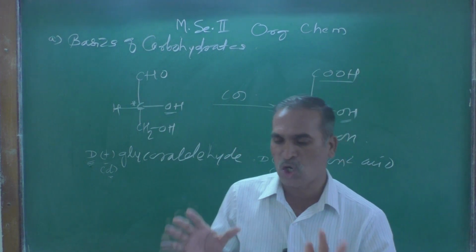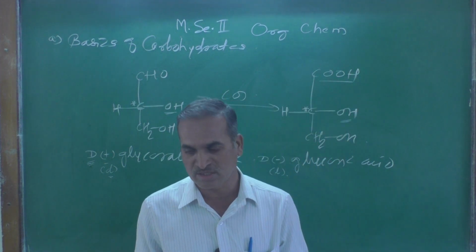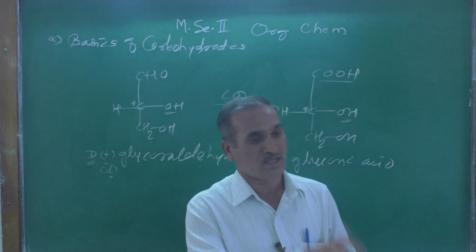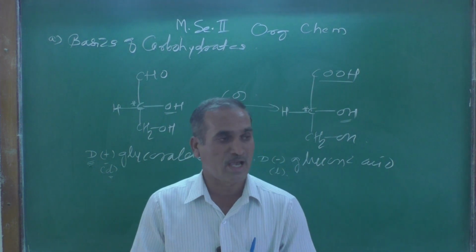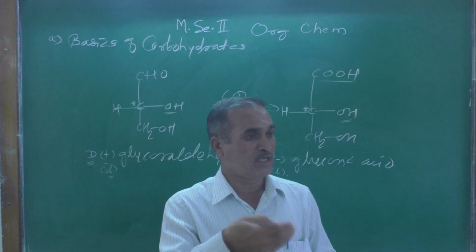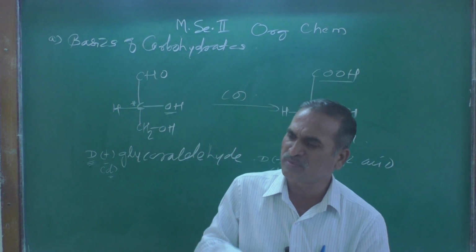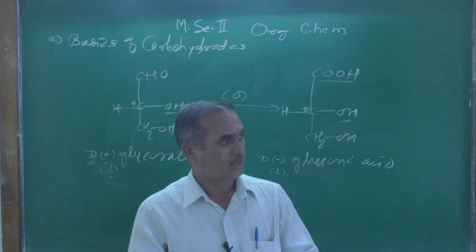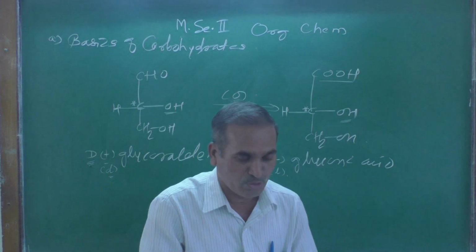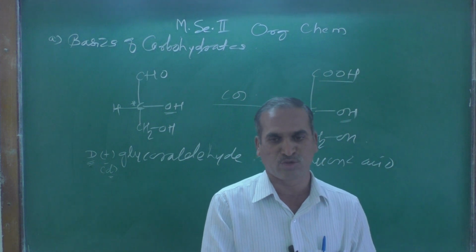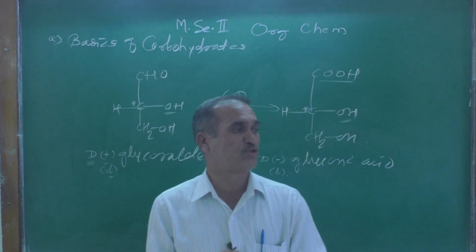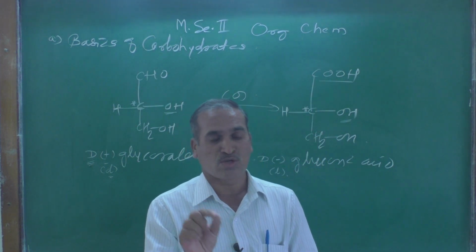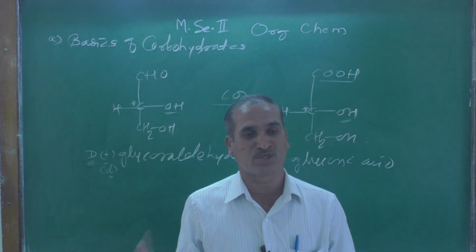So all these things we have discussed in our previous class, that are the optical isomers, and from this we are learning some words like enantiomer. What do you mean by enantiomer? As we know, enantiomers are non-superimposable mirror images of each other.